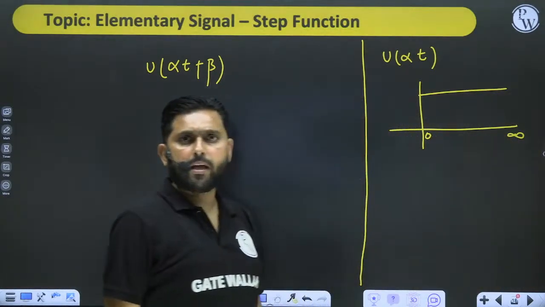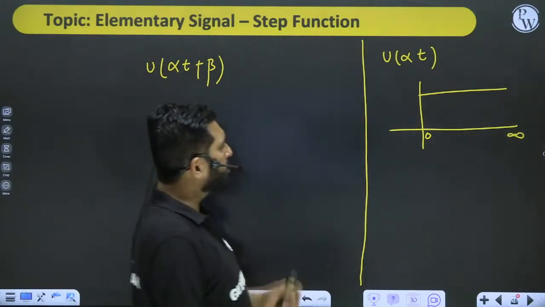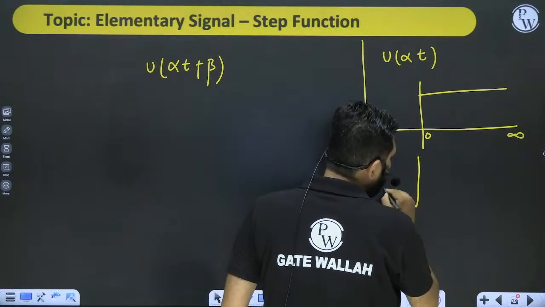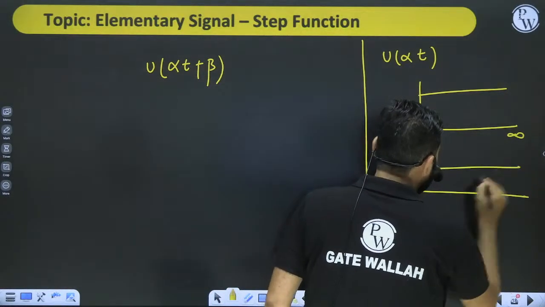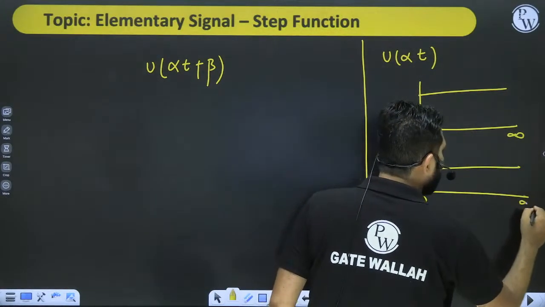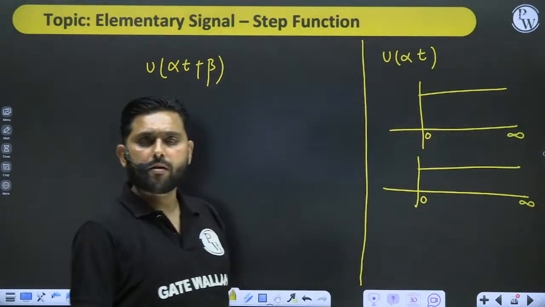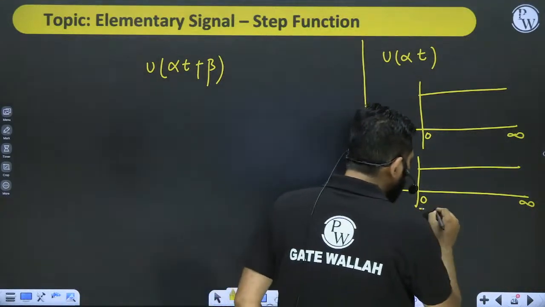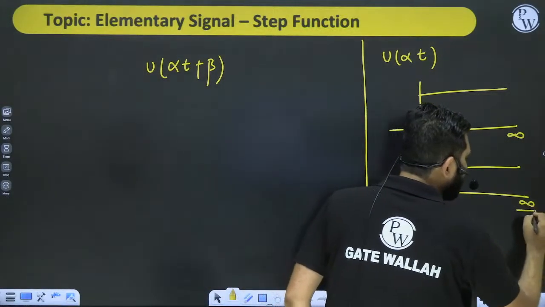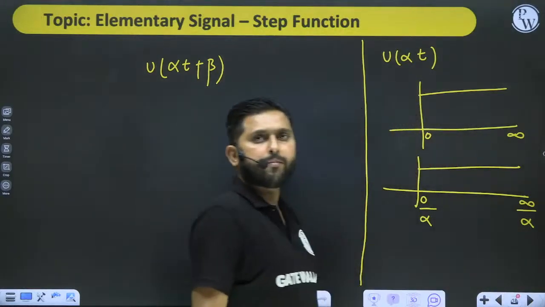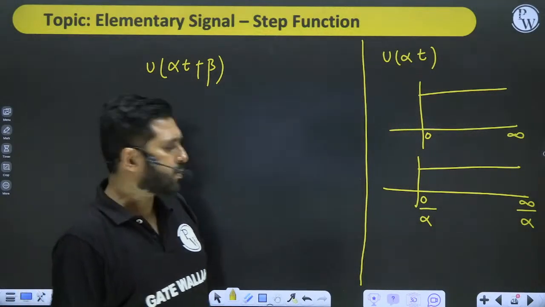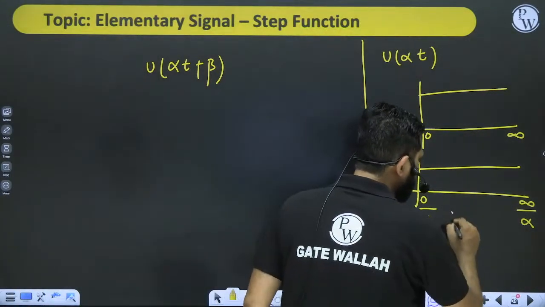So if someone asks you what is u(alpha t), then this should be 0 to infinity divided by alpha, and that is nothing but the same thing.